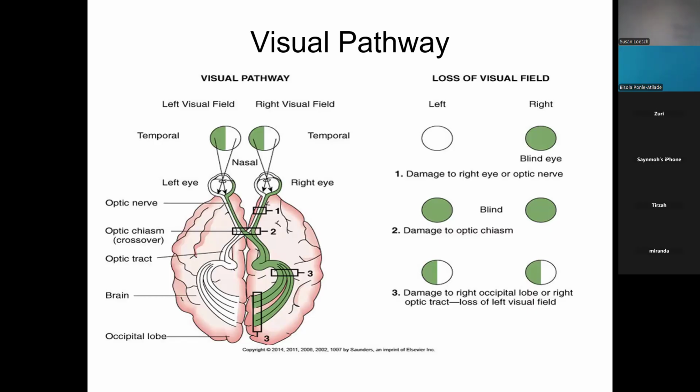It also shows you about damage, okay? If you had damage to the optic chiasm, you would be totally blind. If you had damage to the right occipital lobe or right optical tract, you'd have loss in the left visual field.